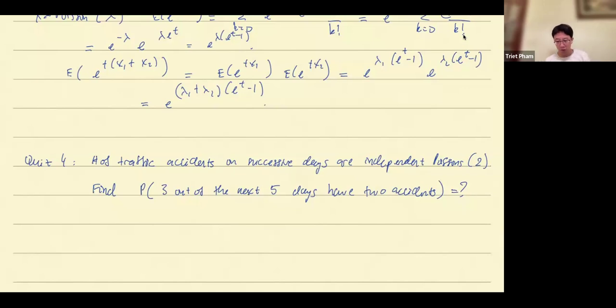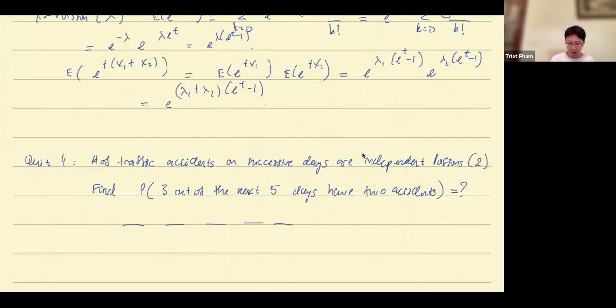All right. So how do we do this? What is this probability? The setup is that you have 5 days.